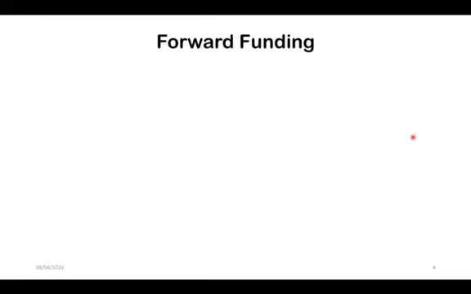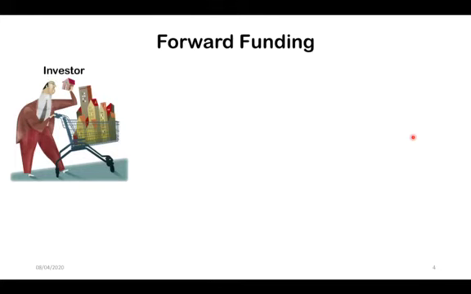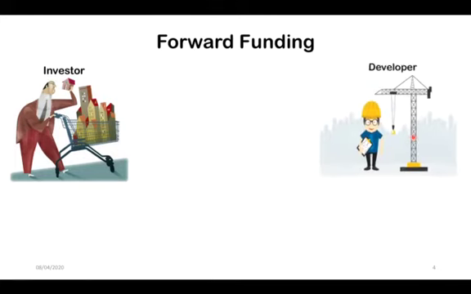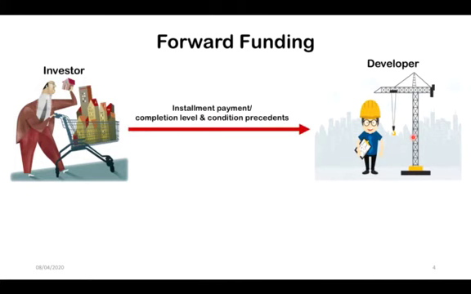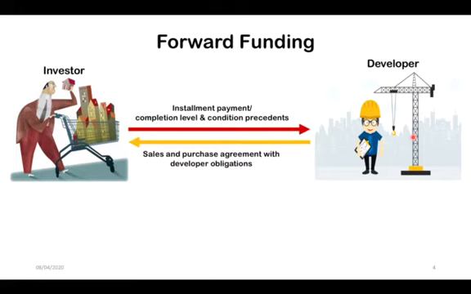So in a forward funding transaction, the parties, here we're looking at an investor and a developer, would conclude a sale and purchase agreement, usually, with development obligations of the seller at an early stage, often before development works have started, and sometimes even before planning permission has been secured.